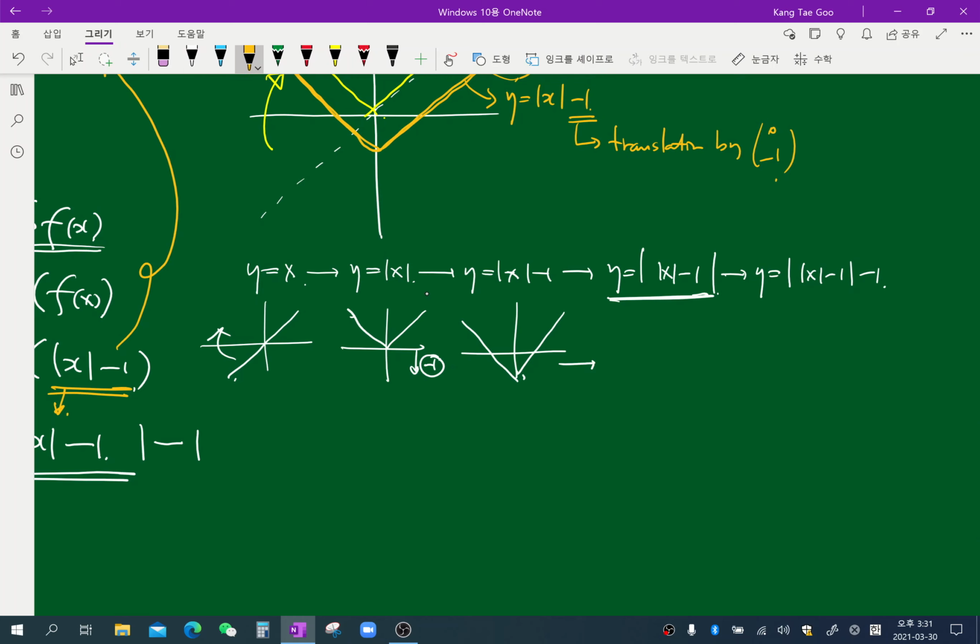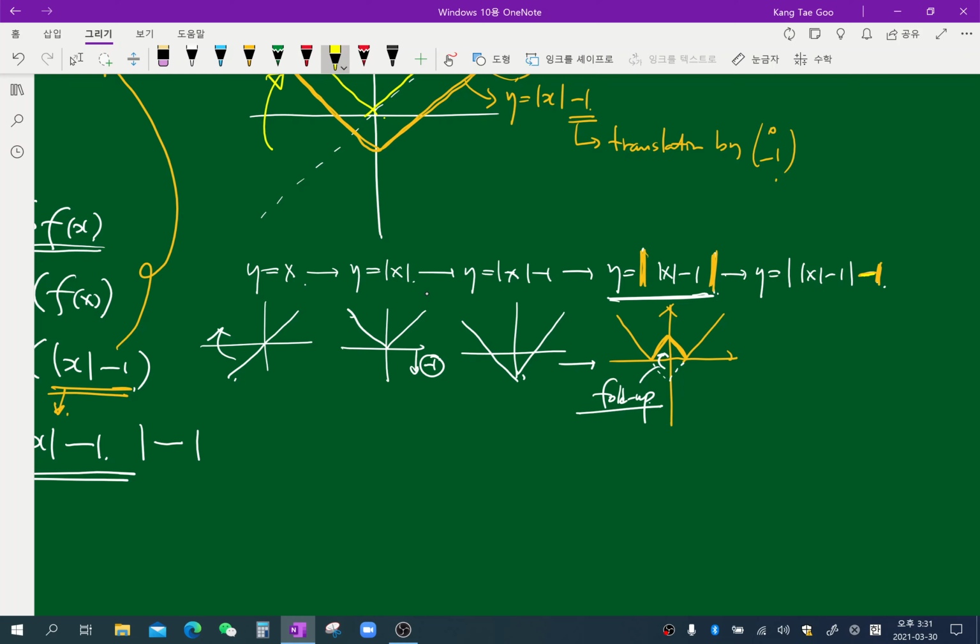Because of this absolute value sign we put on the previous function, we bring this on top. We fold it up, right? Fold up. Originally, the function was here, and then we fold up. After that, we bring that down by minus 1.